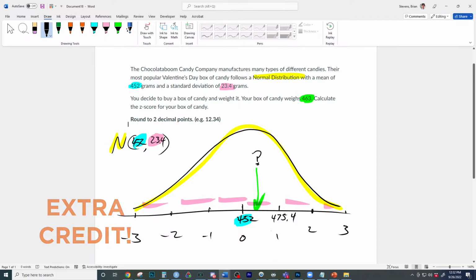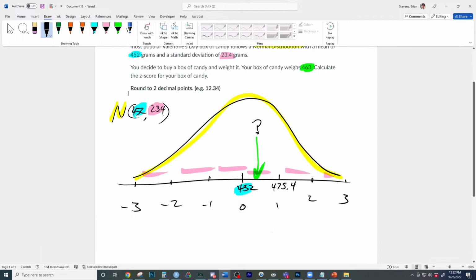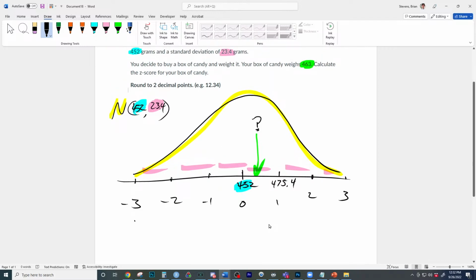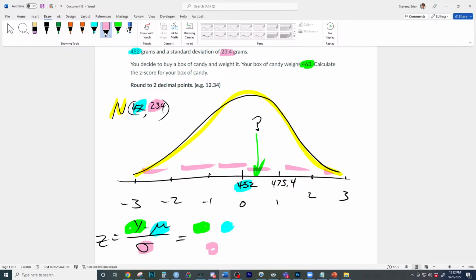When you look at it visually, let's write it here: Y minus mu over sigma equals z-score. This is the observation, this is the mean, and the standard deviation is the bottom portion.